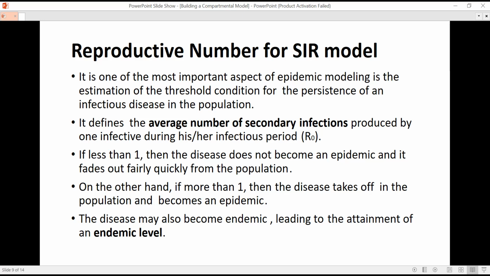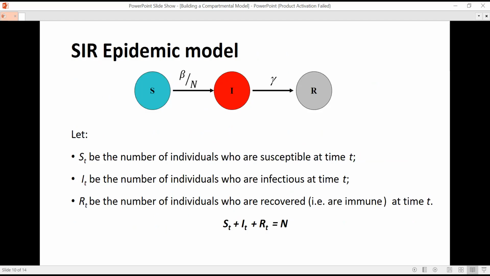So the disease may also become endemic, leading to attainment of an endemic level. We actually have formulas that have been proposed for measuring endemicity of these diseases. Case in point, we look at the SIR epidemic and the SIR endemic model, and we want to see where this formula came from.